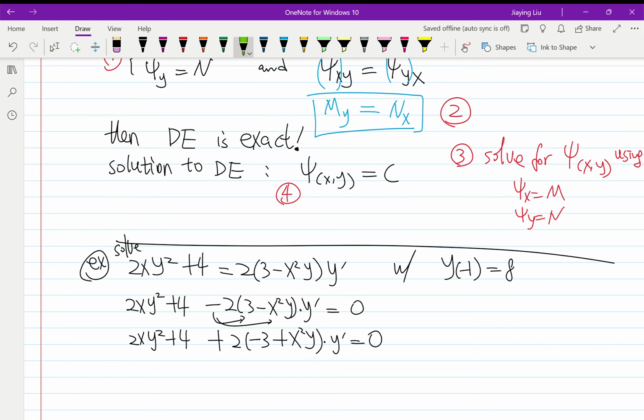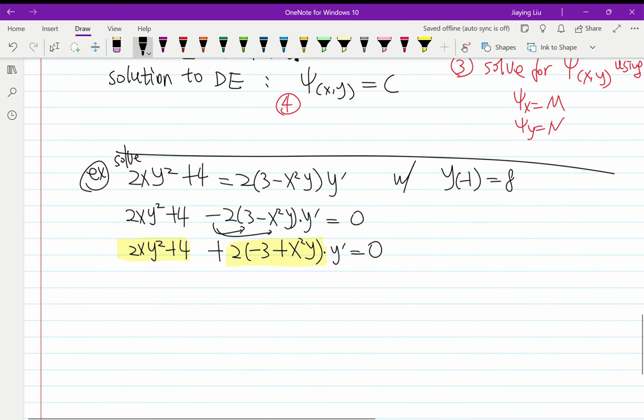Now if you look at it, this part doesn't have the derivative, so that's the M. Then you have this part times the derivative, so this is the N, and then 0 on the other side.